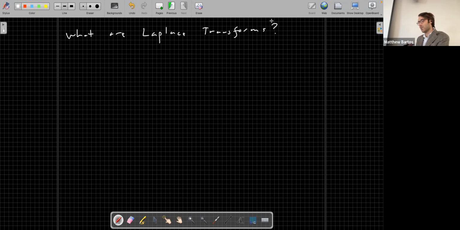Are there any volunteers who want to offer their intuitive explanation of what a Laplace transform is? Is there any kind of concept we can think about? What does it mean when I say we're going to go from the time domain to the frequency domain? Does that jog your memory a little bit?